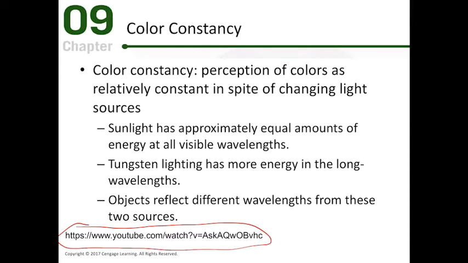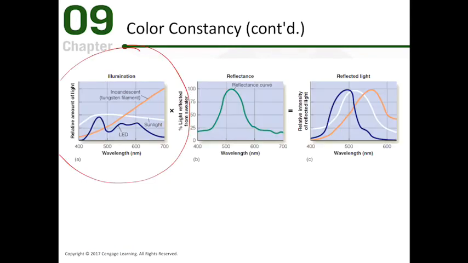And of course, we see that objects reflect different wavelengths from different sources, whether it's sunlight, tungsten lighting, or LED lighting. These different light sources can impact the shade of the color. But in the case of a green sweater, it should still appear to be green in all of those instances.